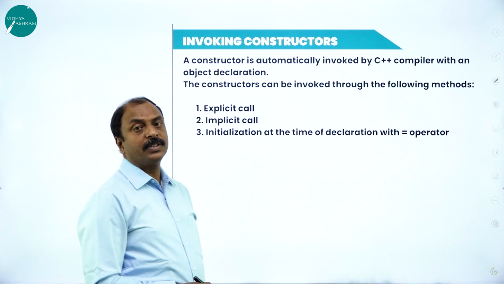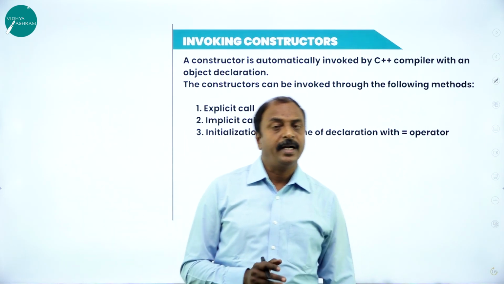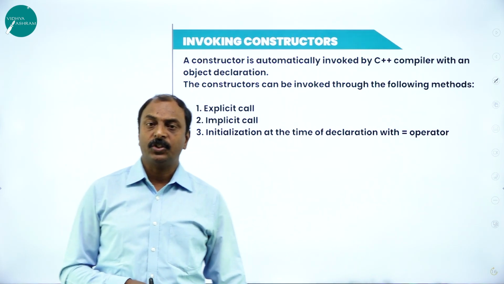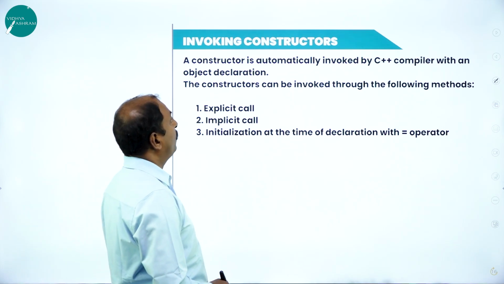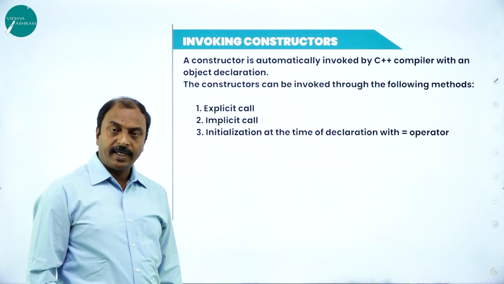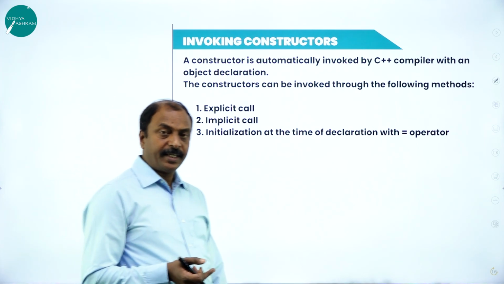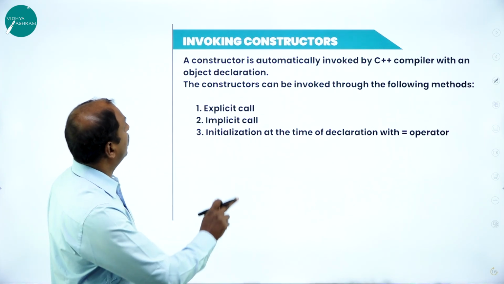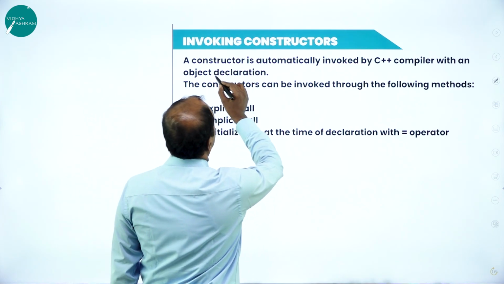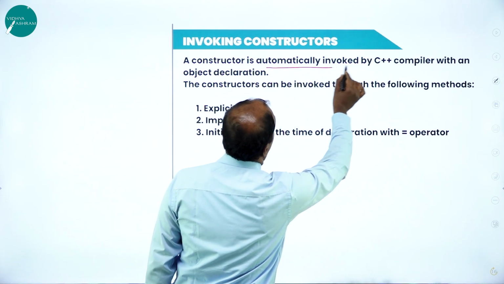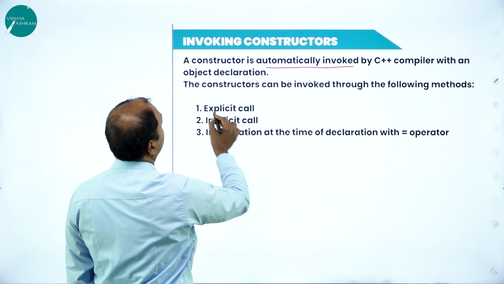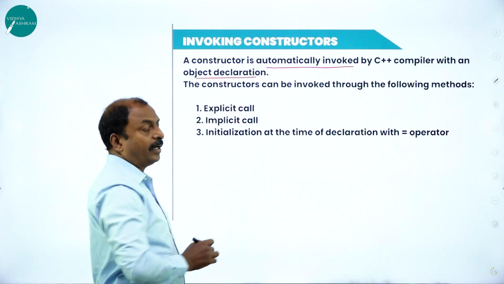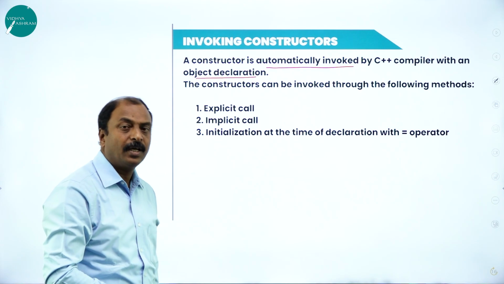Now, once a constructor has been declared and defined in the class, it has to be invoked. We have learned in the previous slide that when the object is created, the constructor is invoked automatically. Look at this definition: a constructor is automatically invoked by the compiler when the object is created, or when you declare an object.